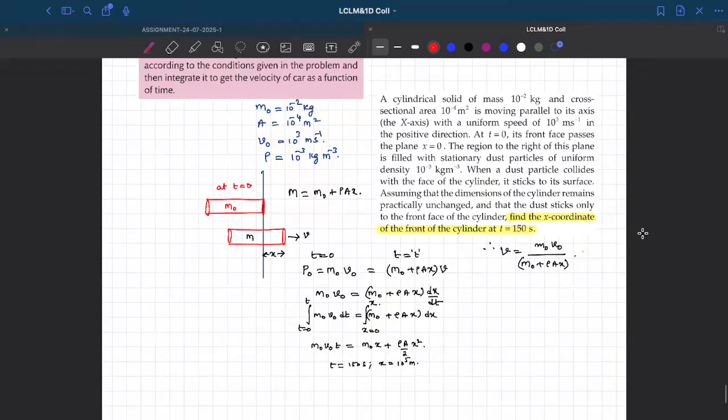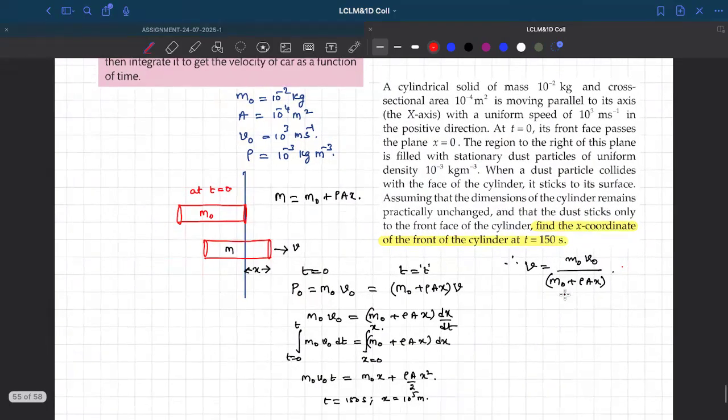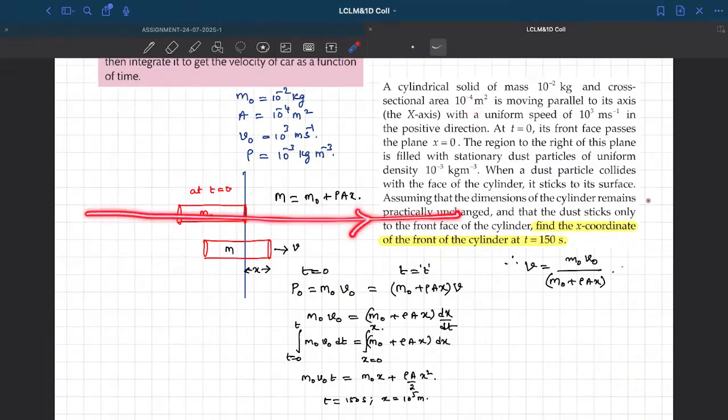Very important model, one of the important models of variable mass. You can see a cylindrical solid whose mass is 10 power minus 2 kg, with some cross-sectional area, moving along the x-axis with the given speed.